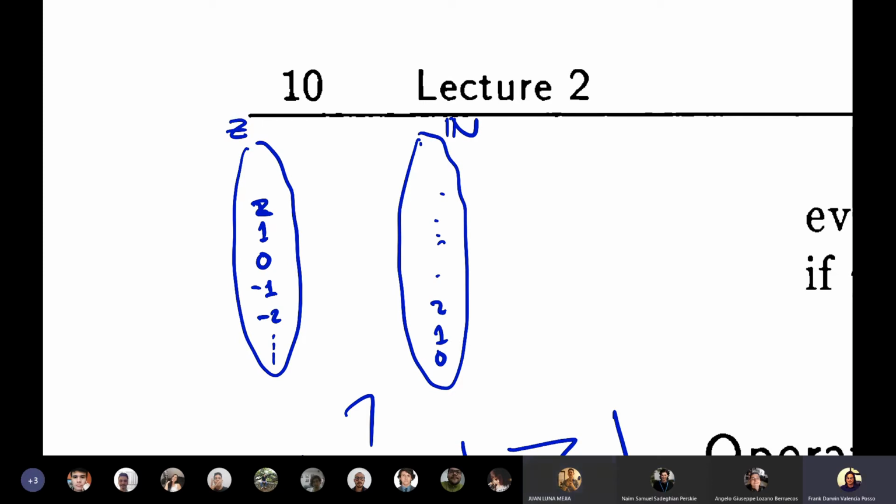Try to find two infinite disjoint sets in the natural numbers.